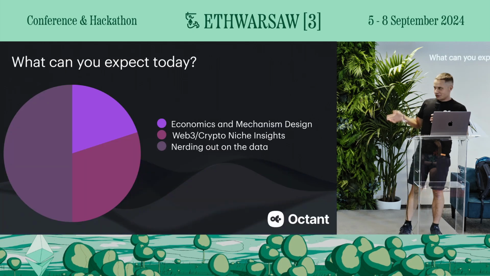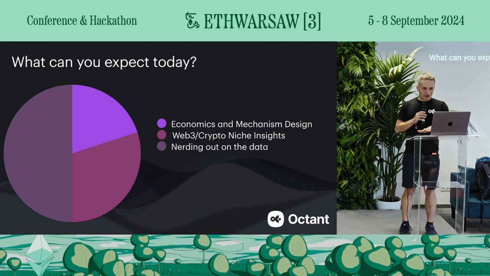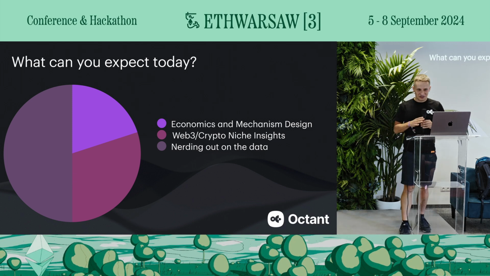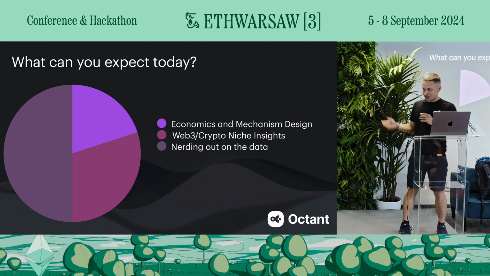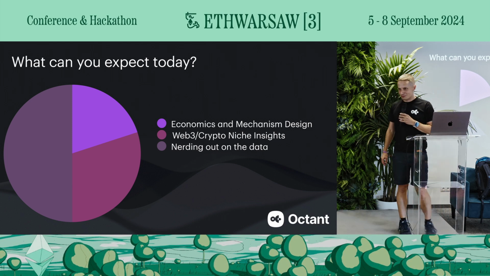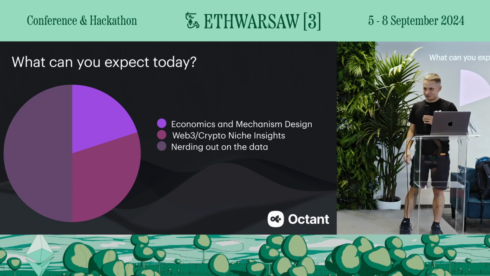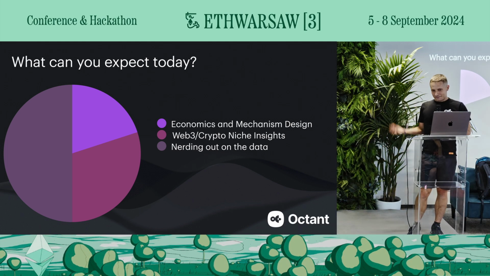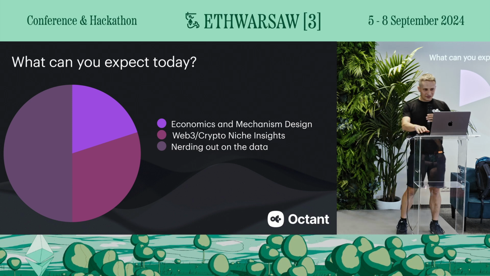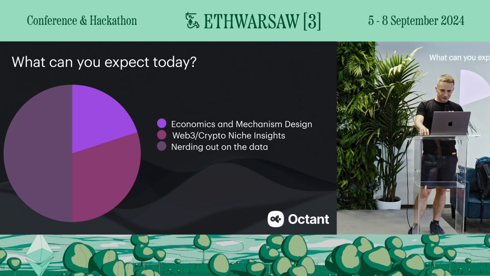So what can you expect today? I am an economist, so I'll start with some econ talk related to what public goods are and some mechanism design and incentives involved in this initiative of funding public goods.